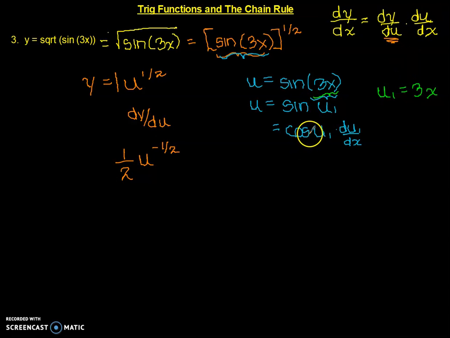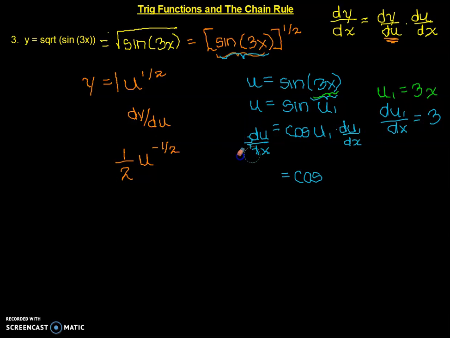Well, I'm in the middle of u sub 1, not just u yet. So in this case, I have u sub 1. I need to find du sub 1 over dx, which is just the derivative of u sub 1, and that's just 3.